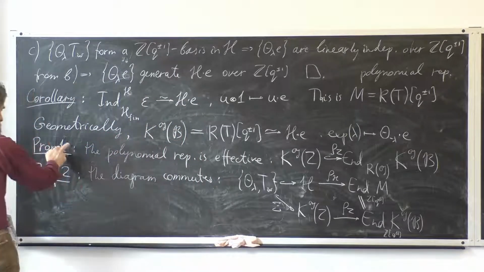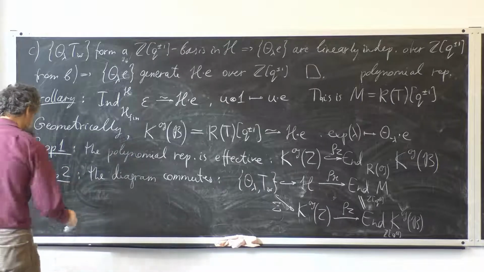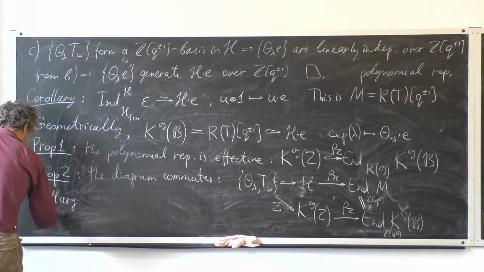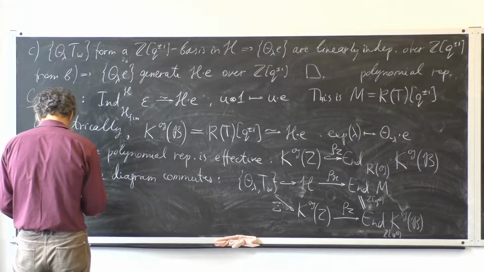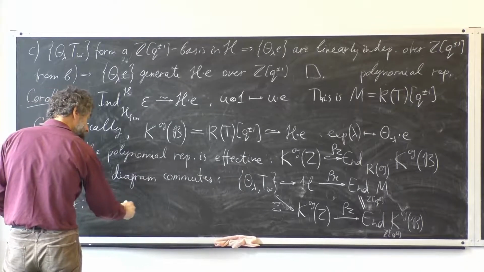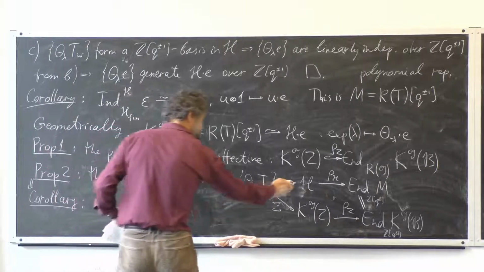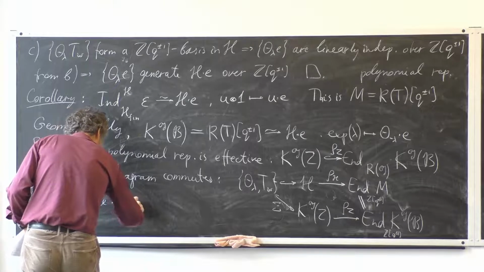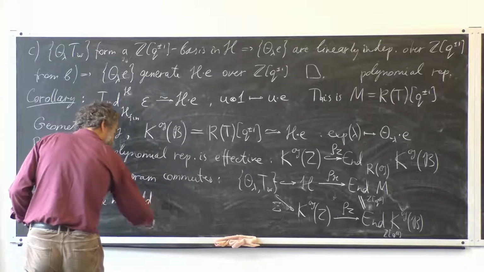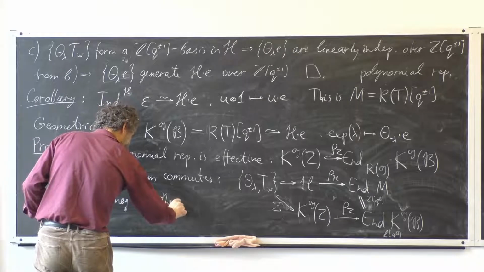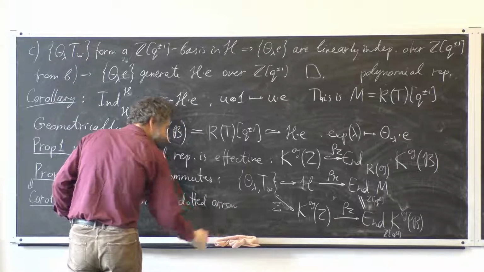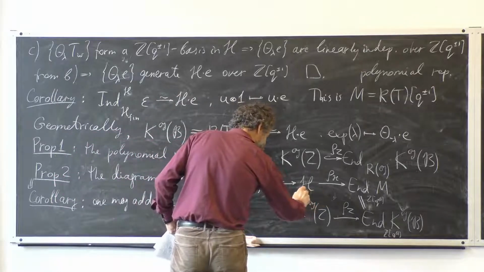So this will prove today and next time, but corollary says that one may add the dotted arrow like this.